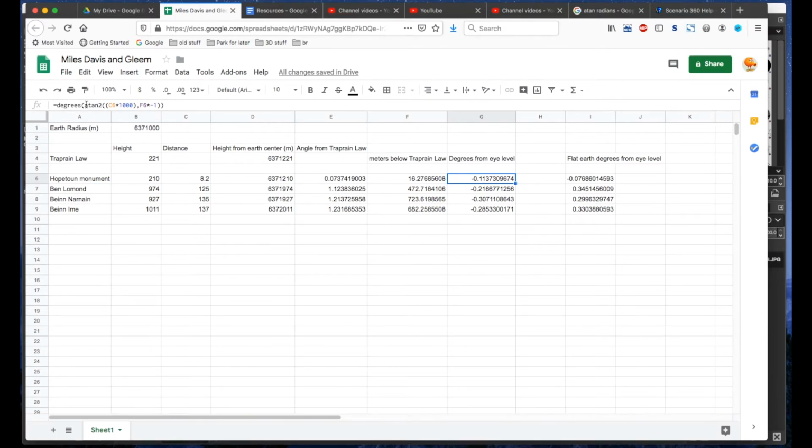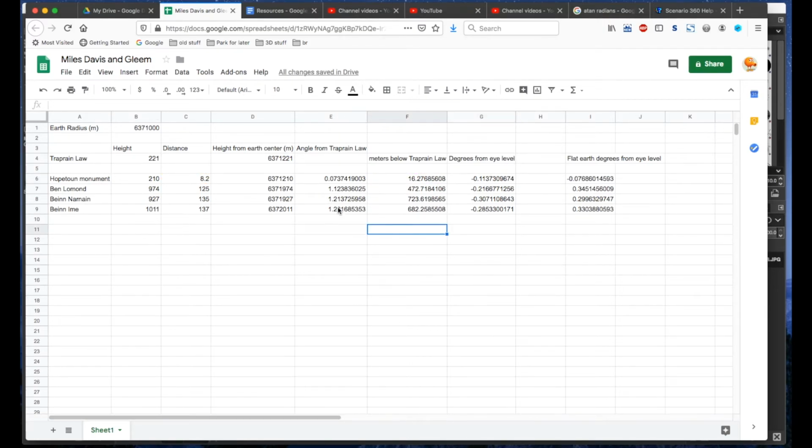The arctan2 function takes C6, which is the distance in kilometers, times 1,000 to get me meters, and meters below Traprain Law times -1, because this was Traprain Law minus this angle. So this should have been negative, and I would not have to multiply by -1.